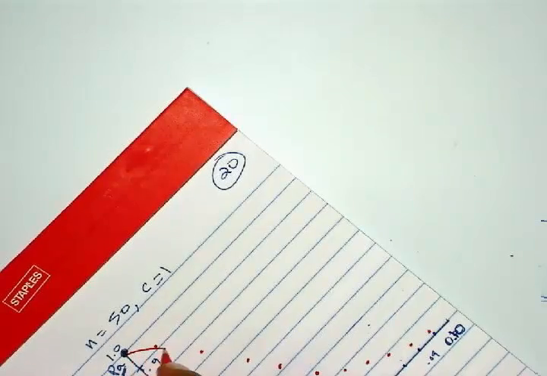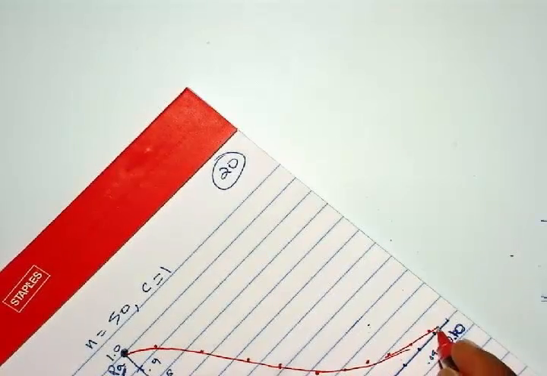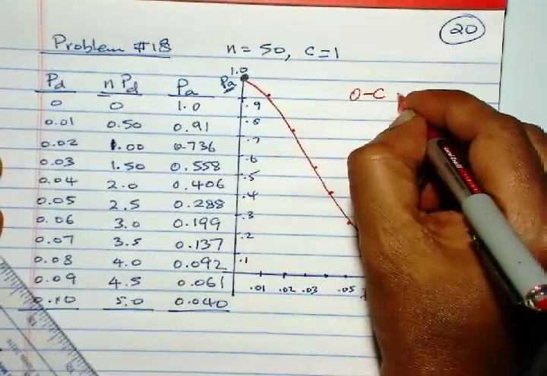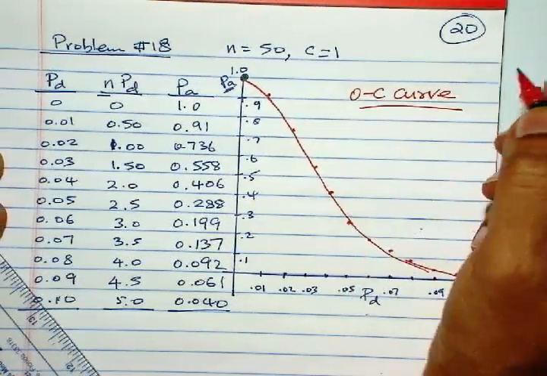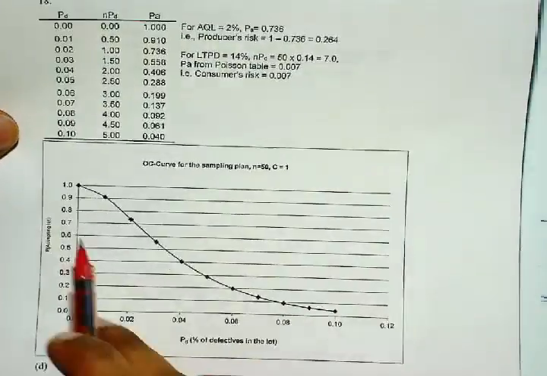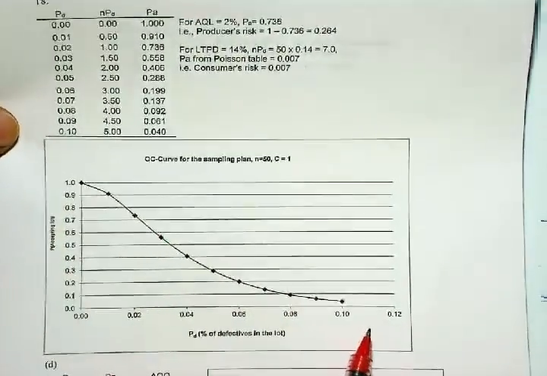So now we connect the points, and what we have is the OC curve. Of course, when you do it with Excel, it comes out nicely like that.